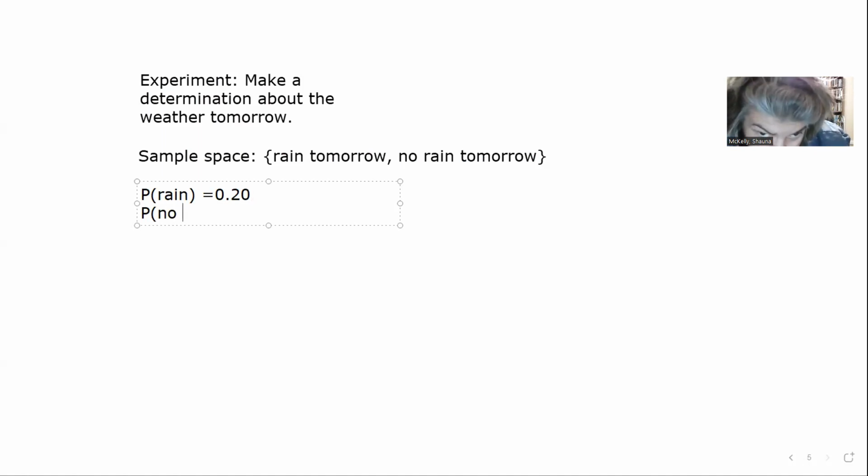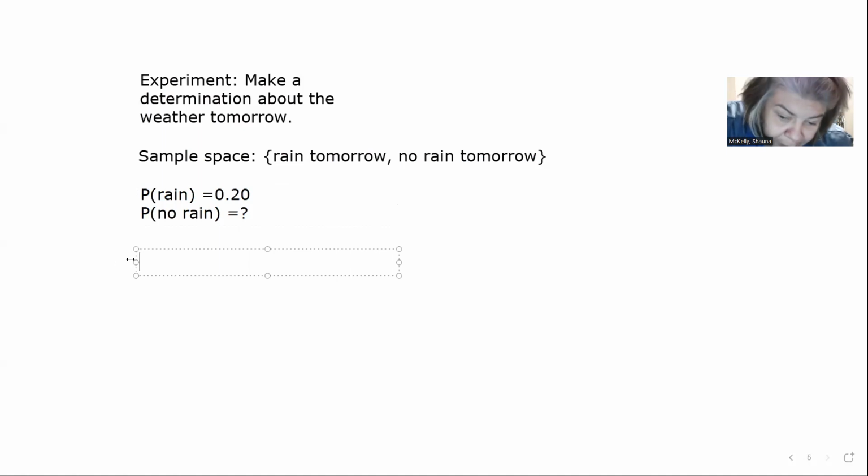Now, most of you have probably figured this out already, but let me show you how this works using the probability rules. We want to know what the probability of no rain is. Because there's only two outcomes in the sample space, this is pretty easy. We need to know something else about probability.